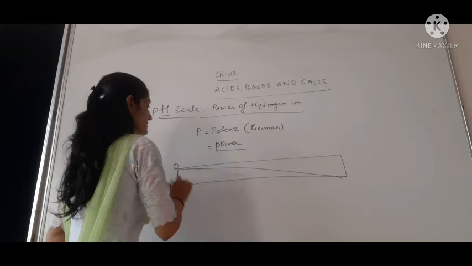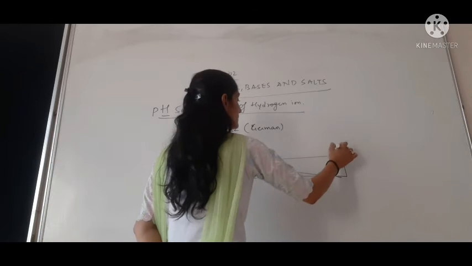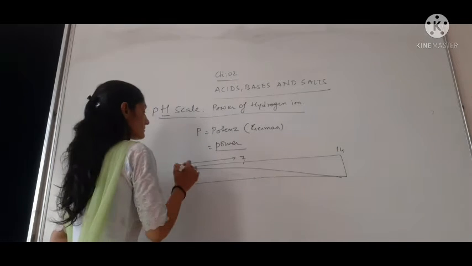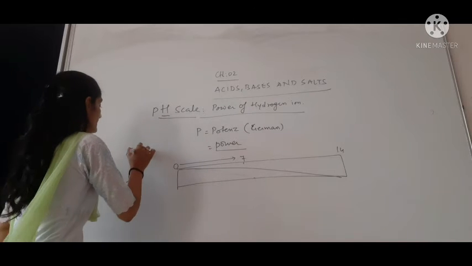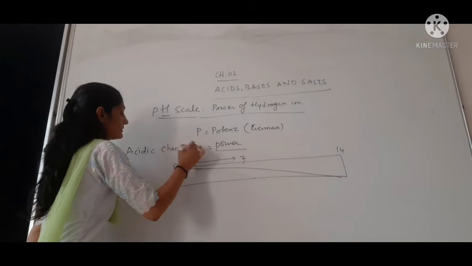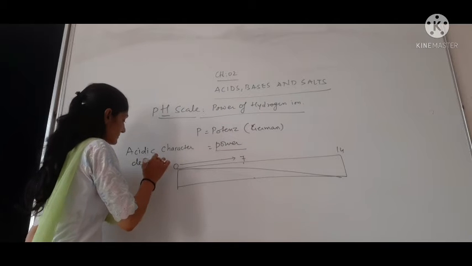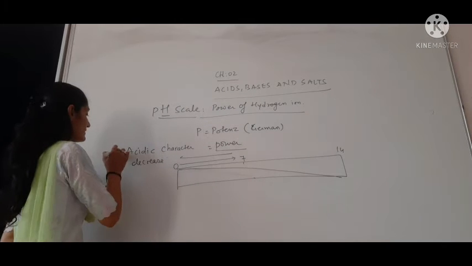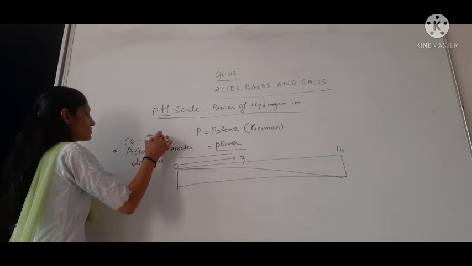So it starts with 0, 7, 14. If you are moving from 0 to 7, we can say that acidic character decreases.